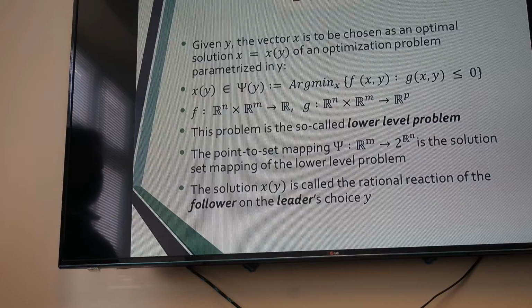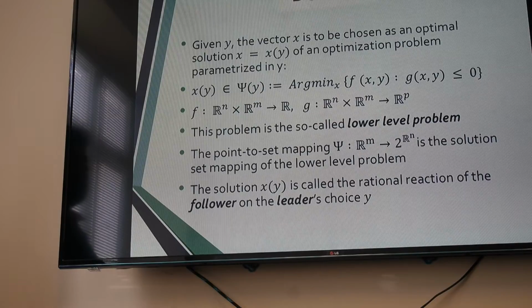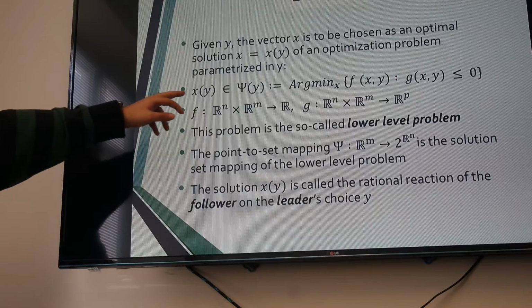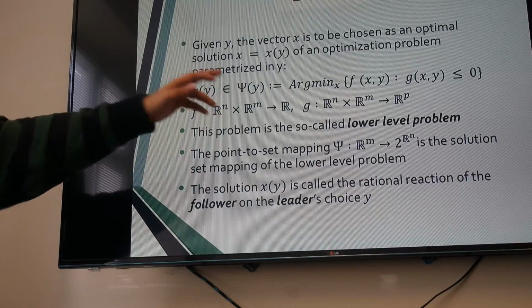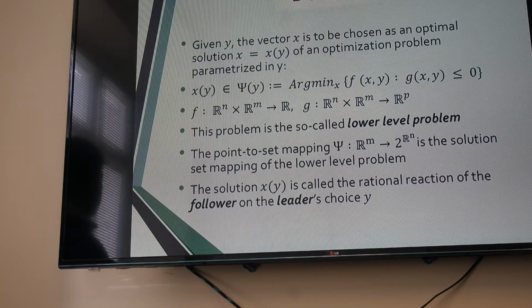So given y, the vector x is to be chosen as an optimal solution where x equals x of y of an optimization problem parameterized in y. So (x, y) belongs to C, and C is the collection of the solutions that are feasible to the lower level problem and the upper level problem as well.